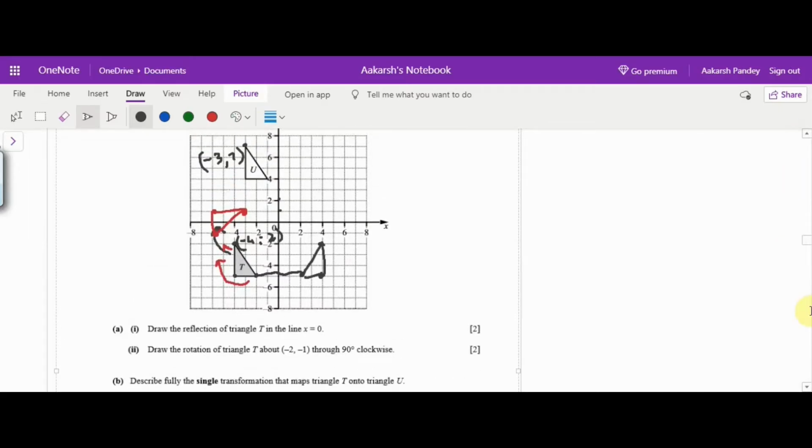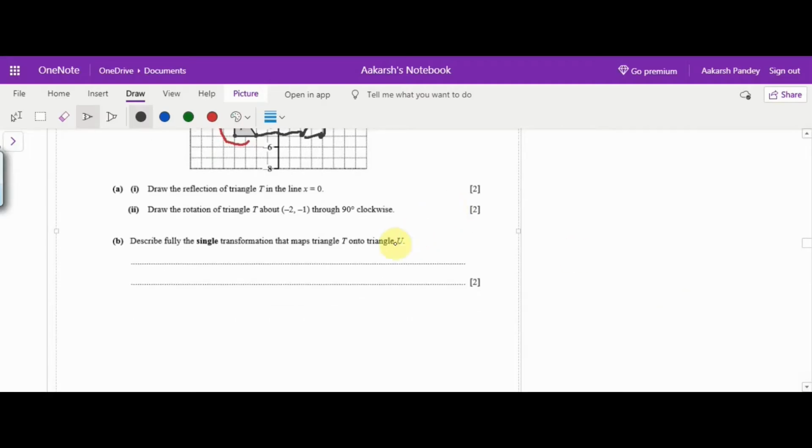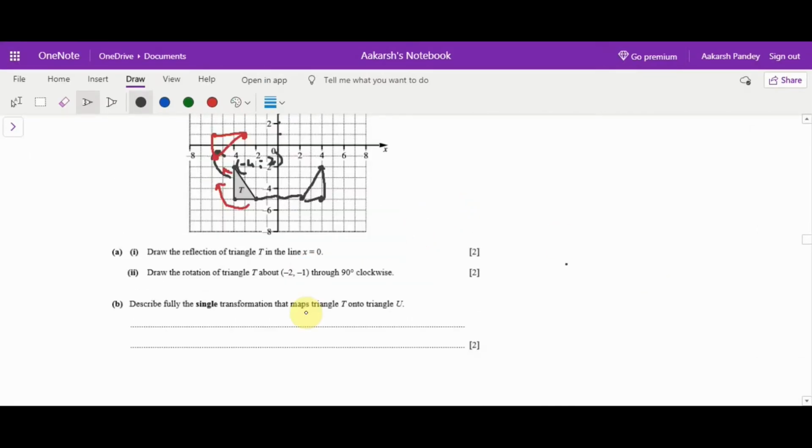This has been translated 9 to the top and 1 to the right. So to describe the single transformation from T to U, we write it as 1 9 in the matrix form.